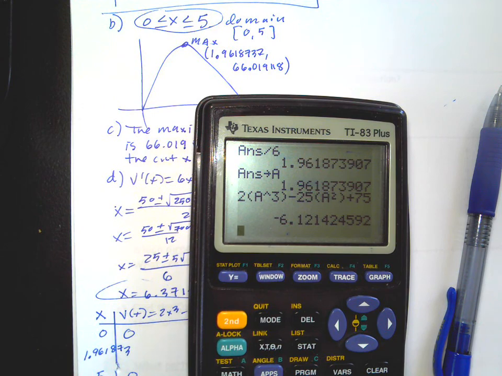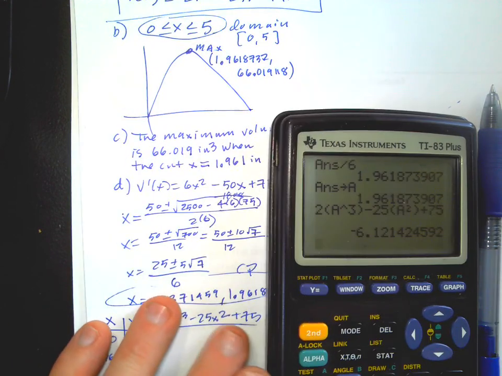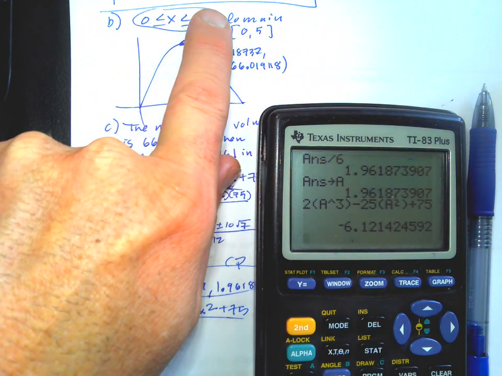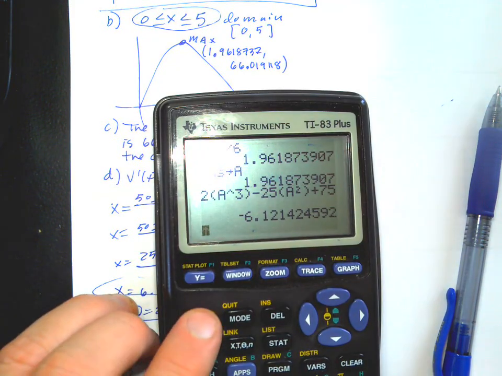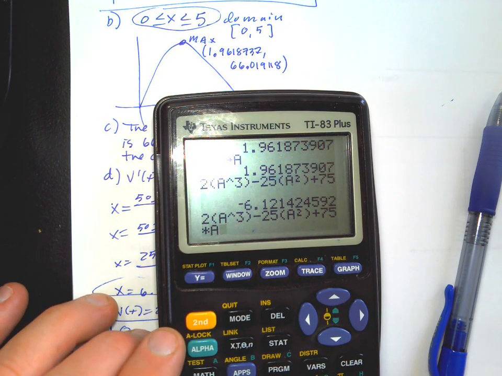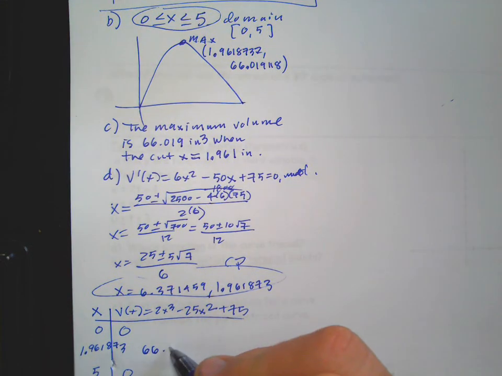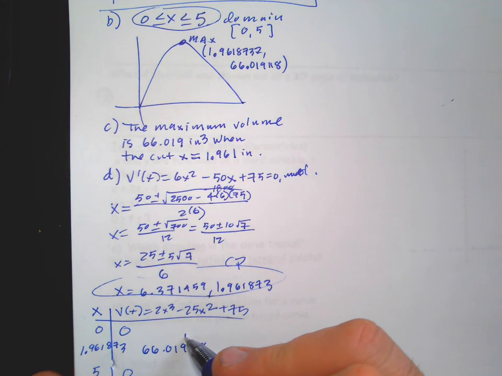Let's make sure I'm plugging in the right thing. Where's the original volume formula? Oh, okay. I missed the last one. Plus 75 times alpha A. There we go. So that's 66.019118. So that's your max, right?